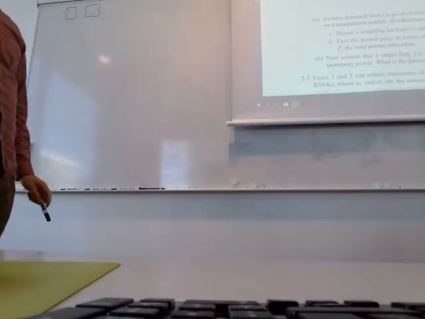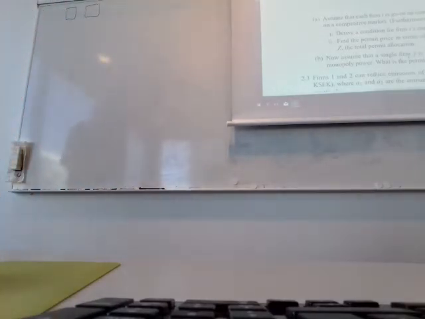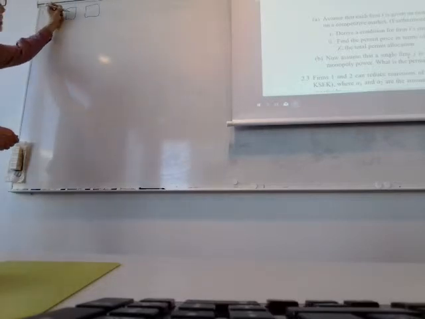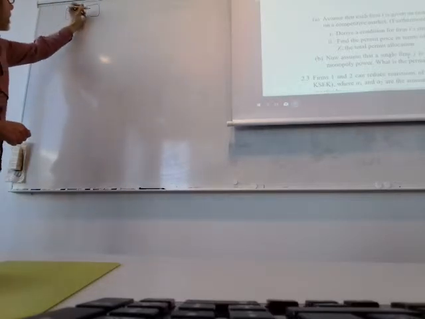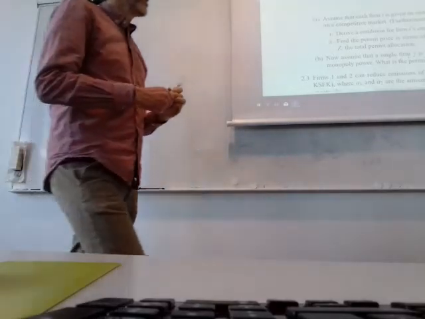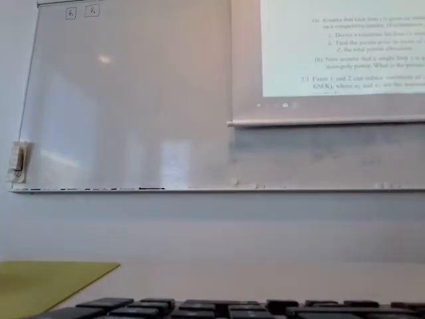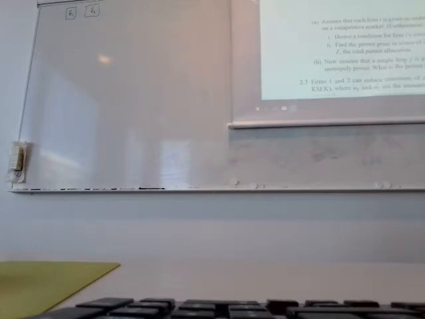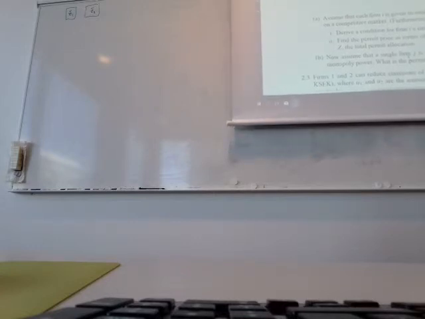And each firm is given Z bar i. So they may be different, yeah? The subscript means that the endowments could differ between the firms, yeah? And those are permits to emit.